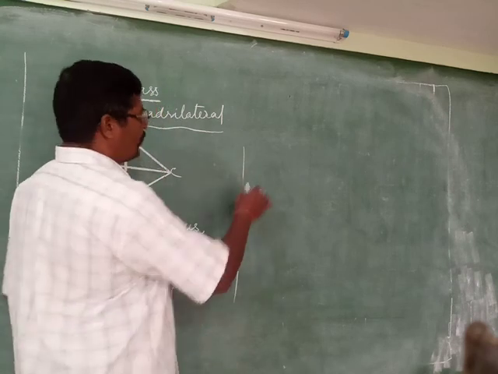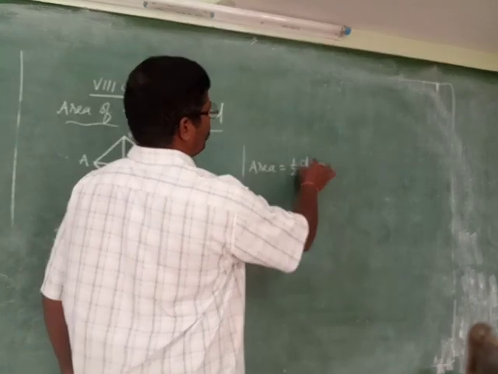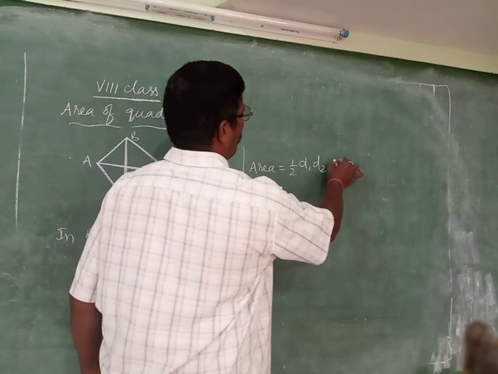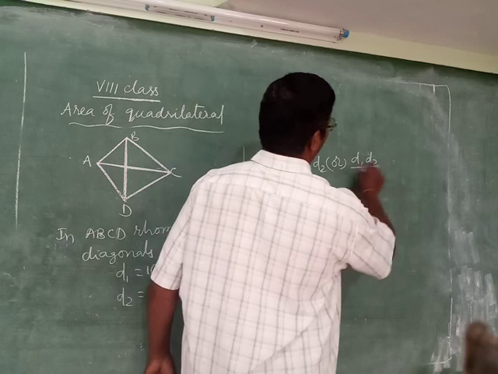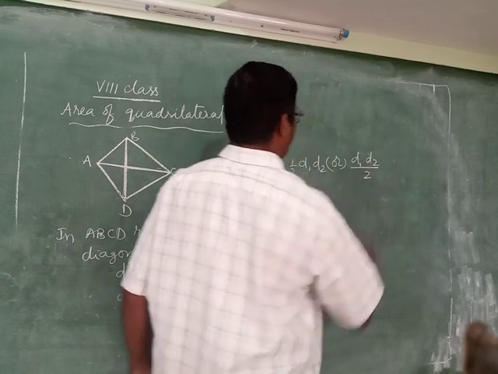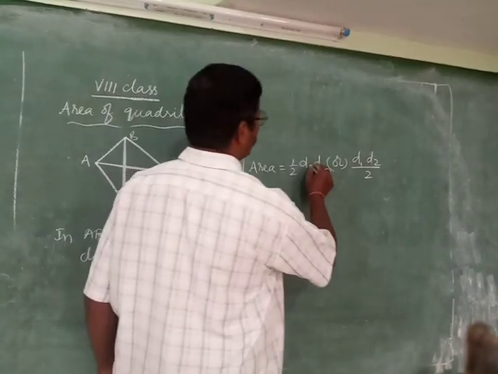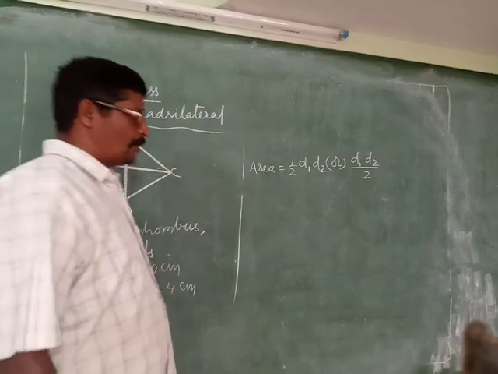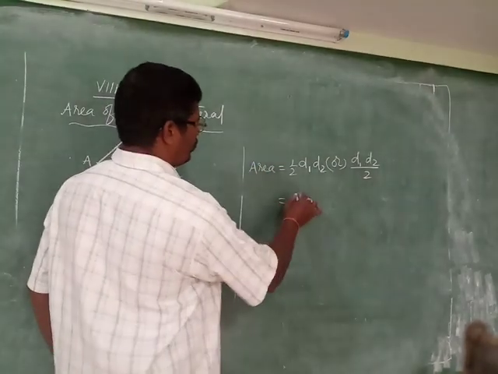Now, area is equal to half D1 D2, or D1 D2 by 2. Any formula, both are equal.